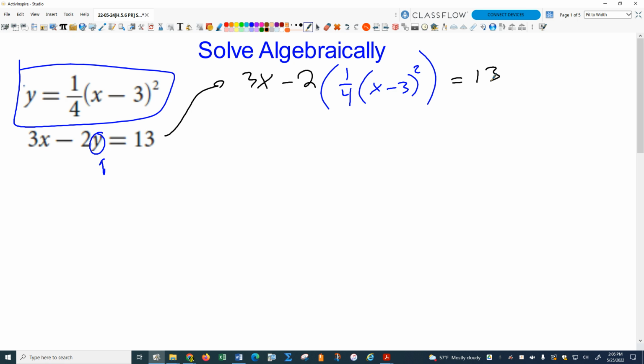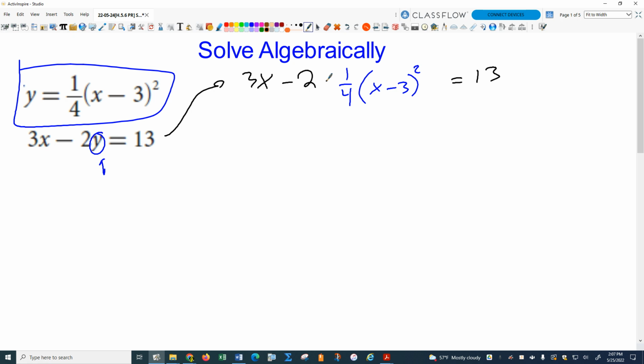Okay, good. I don't really need those outer parentheses, do I? I could get rid of those and just replace those with a multiplication sign. So there's a single equation. I've got only x's in that equation. So theoretically, if I have only one variable in an equation, I should be able to solve for that variable. Now, sometimes in math, that's hard to do.